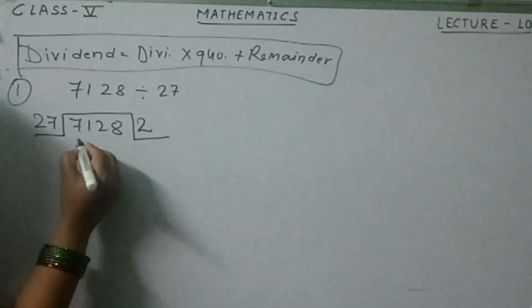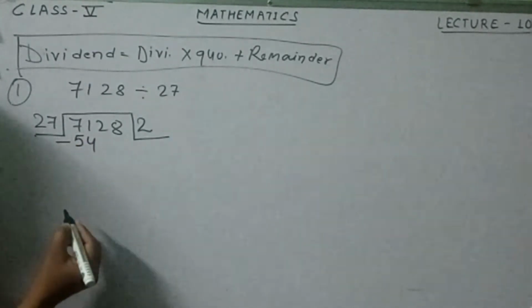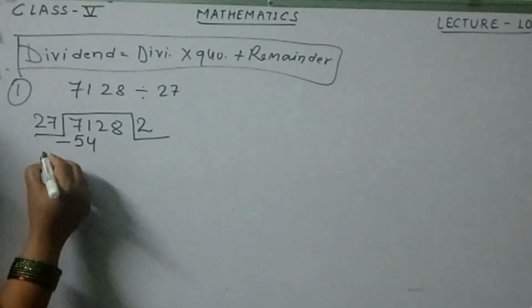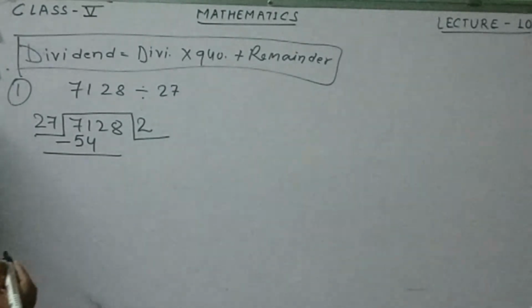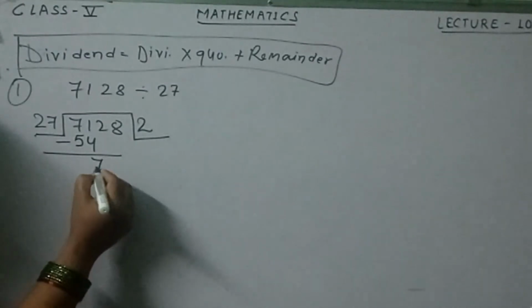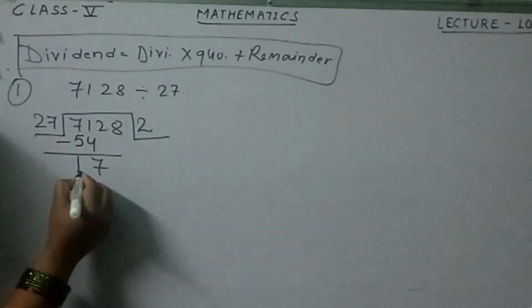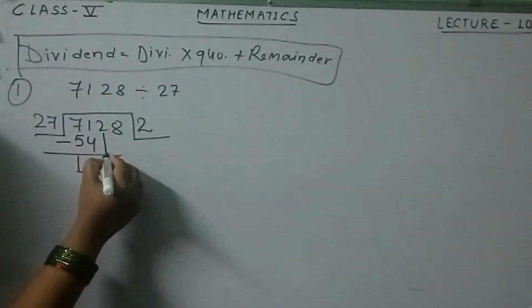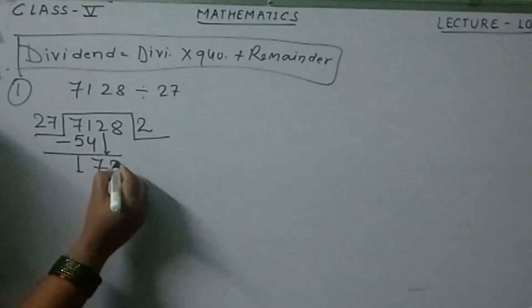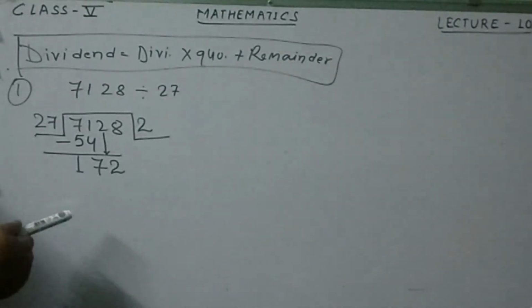So 2, and here 54. What do we have to write here? The minus sign, and then subtract. 11 minus 4 is 7, and 6 minus 5 is 1. This number comes down, so here it will be 2. And what is here? 172.